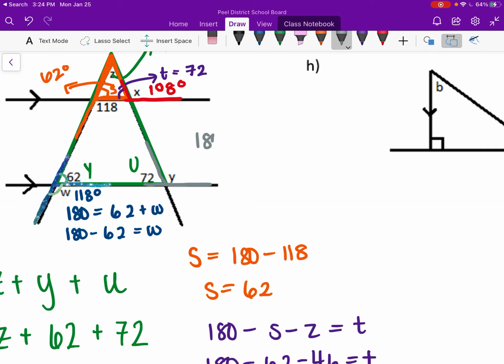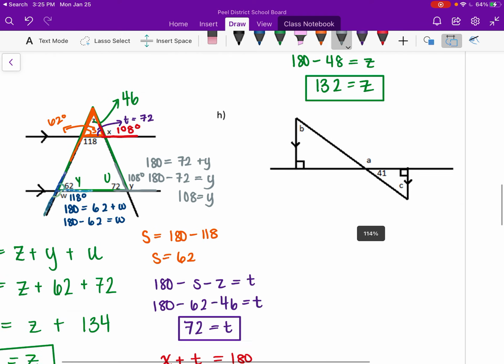So we have 180 equals 72 plus Y because it's going to make up that straight line. So I'm just going to bring the 72 over here, equals Y. So 180 minus 72 is equal to 108, equals Y. Okay. And that is that.